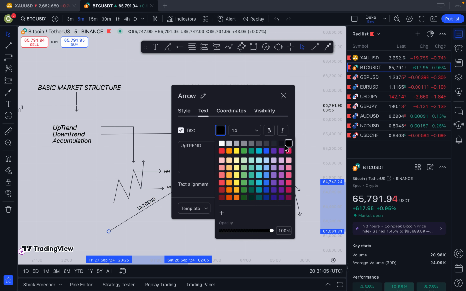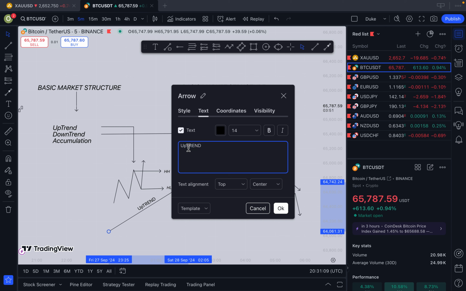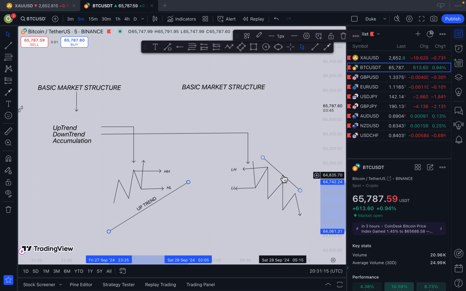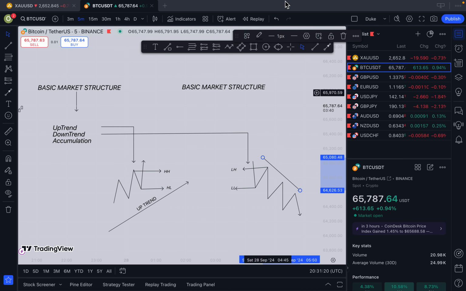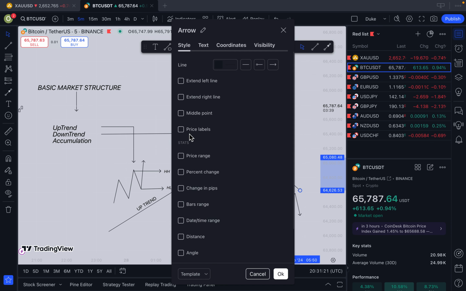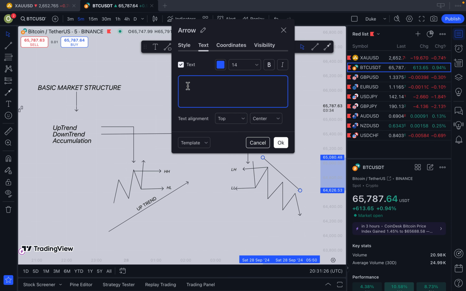This is our uptrend. Then this is our downtrend.